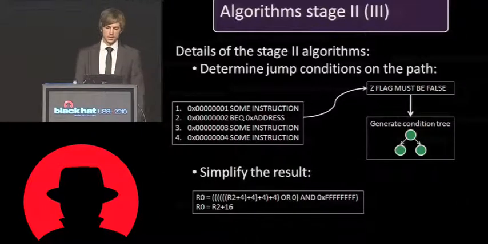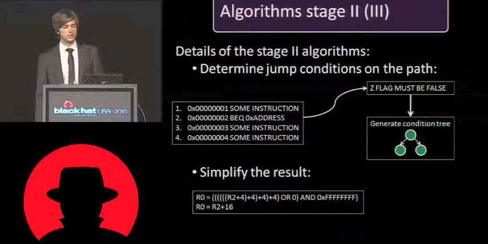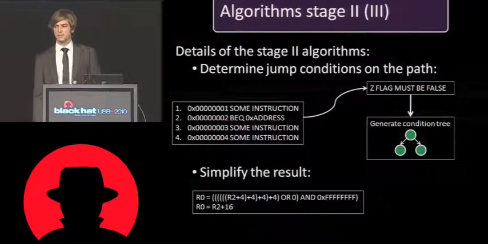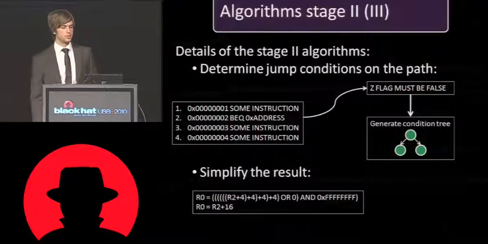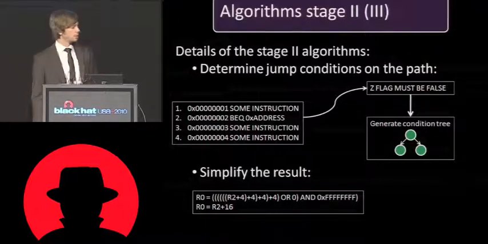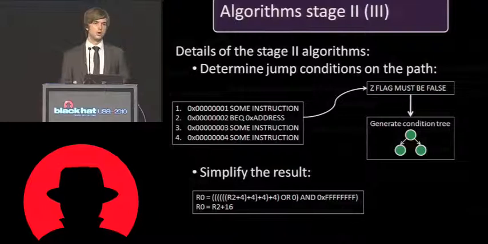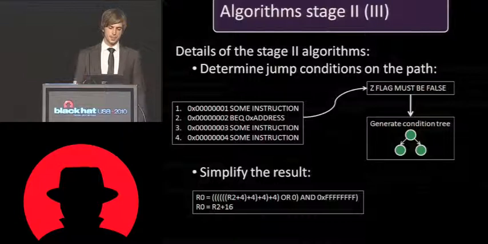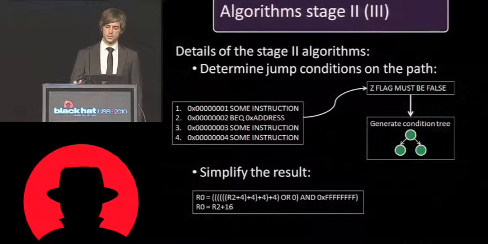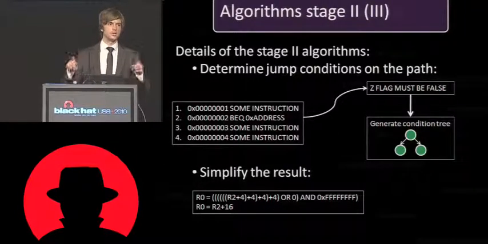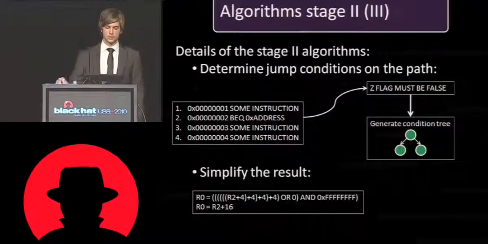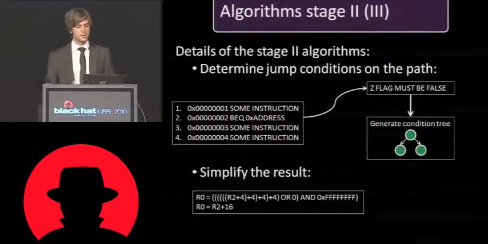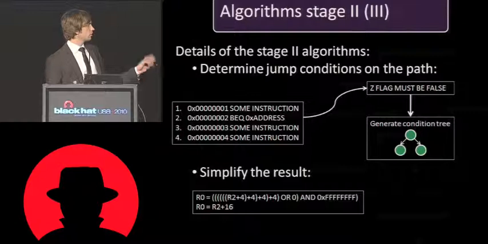Then we need to simplify the results, and as you can see here on the bottom, this is the original REIL translation of a load from memory where the register was one of the registers in the ARM register set, which was in the end of the register list that the instruction STM has, with a whole lot of add 4s in there.